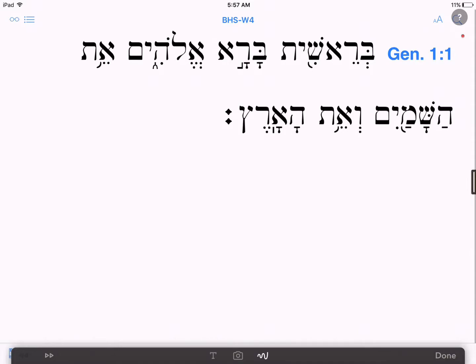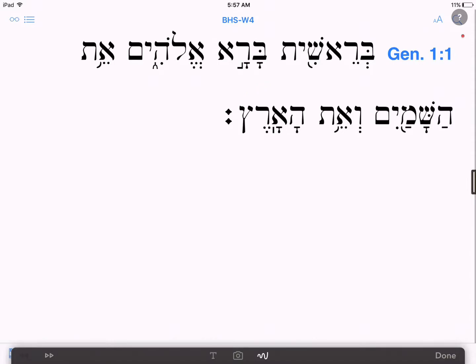The next word we get is bara, and you've heard me pronounce there two qametses. We have two open syllables. So if we divide this word here, we have the word ending in an aleph, so that's an open syllable. And then we have in the bet the syllable ending in a vowel, so we get another open syllable.